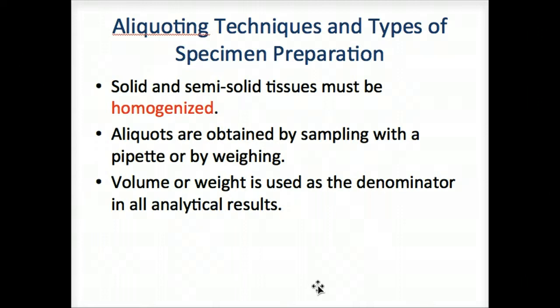All analytical results contain a denominator of volume or weight to express concentration. So we have to make sure we have aliquots that are valid. Units that are used include milligrams per liter, micrograms per liter rather, milligram per kilogram, and gram per 100 milliliter.